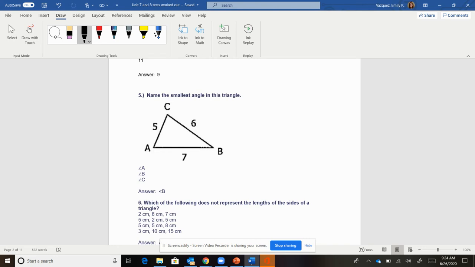And therefore, that means the angle across that's not touching, angle C, would be the largest angle. So for this problem, ask yourself what's the smallest side? The smallest side is AC here, which is the 5, and that corresponds to the angle opposite. So angle B is opposite of the smallest number, which is 5.